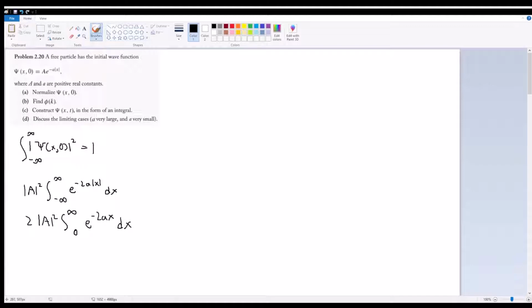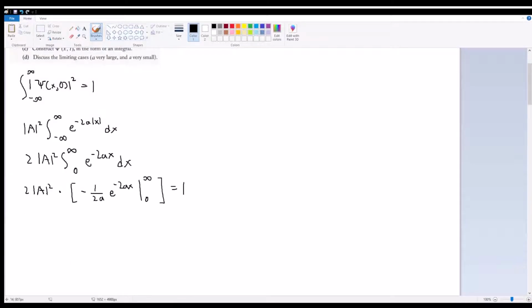e to the negative 2a x dx. From here, we just integrate this, so 2 magnitude A squared multiplied by negative 1 over 2a times e to the negative 2ax from 0 to infinity is equal to 1.